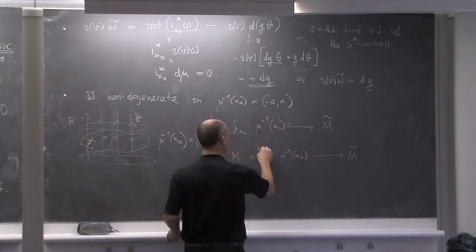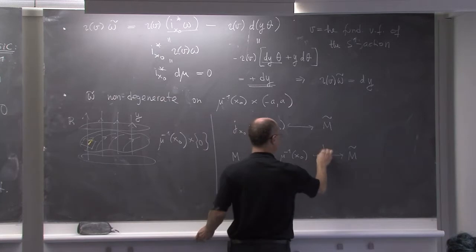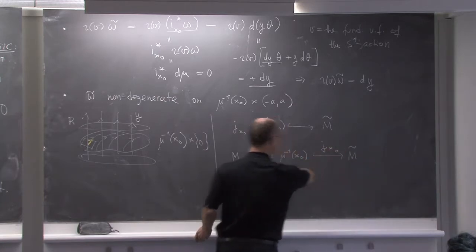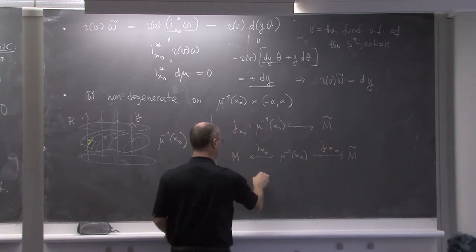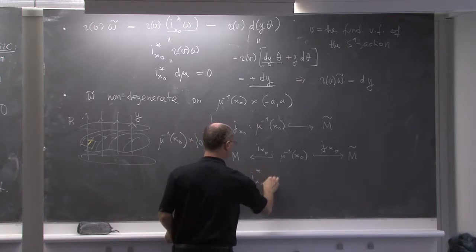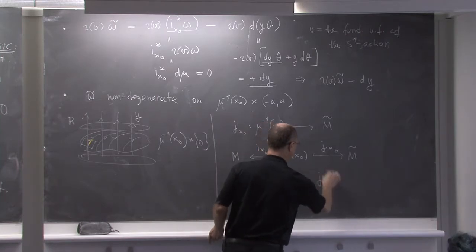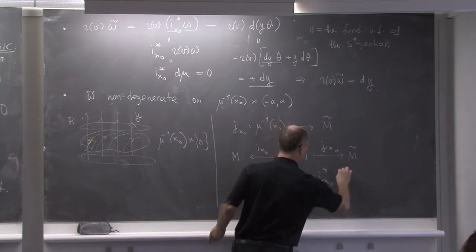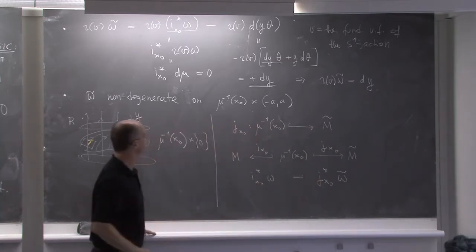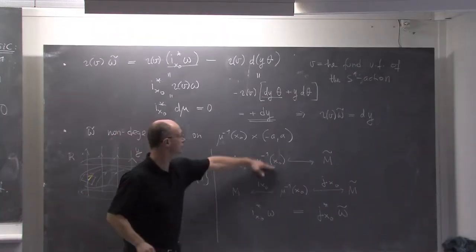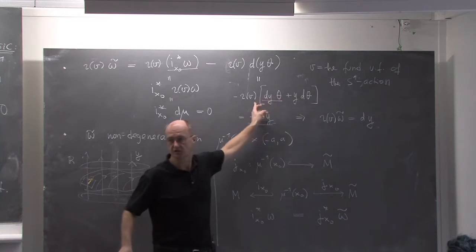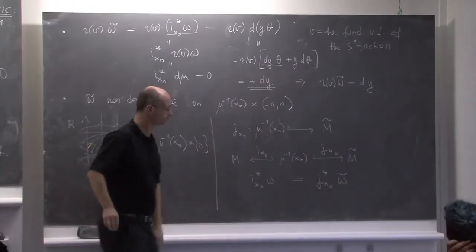So here we have I x0, here we have j x0, and I x0 star omega is equal to j x0 star omega tilde, right? Because when we restrict to the level set, all this part disappears again.